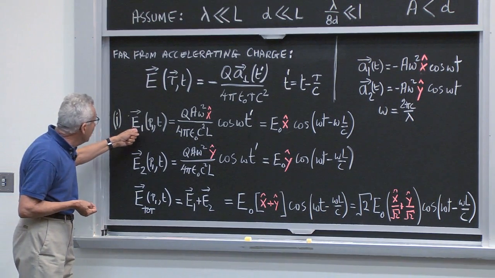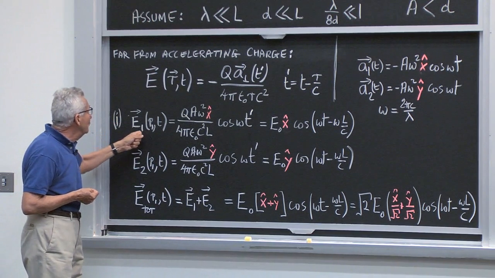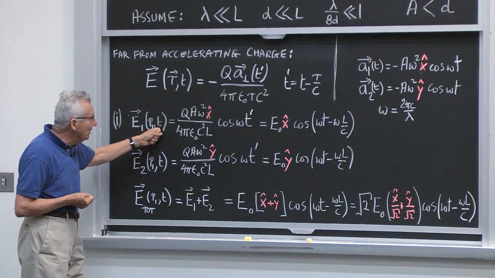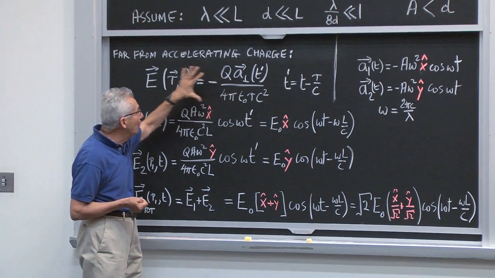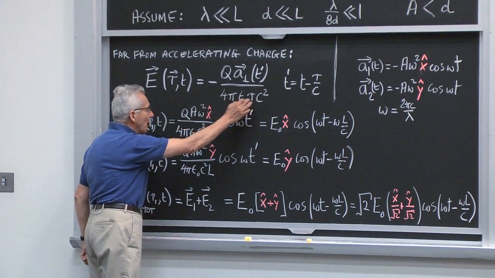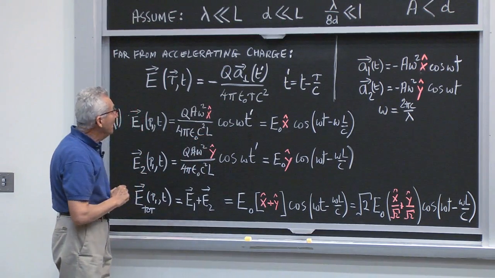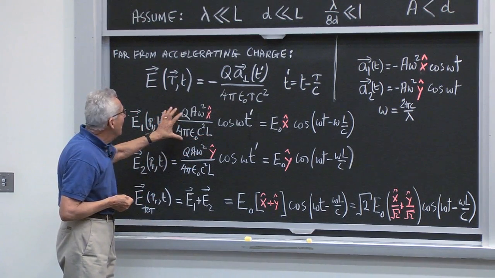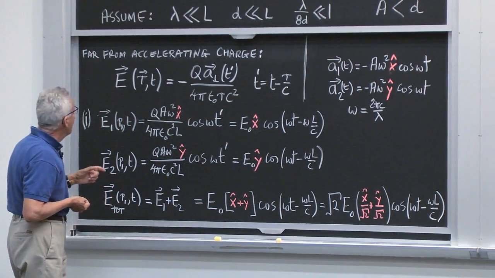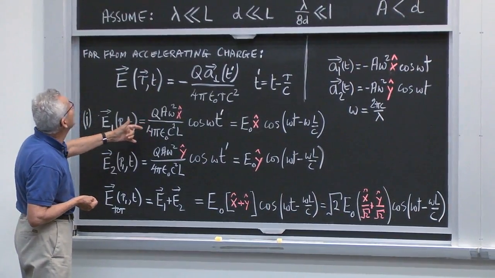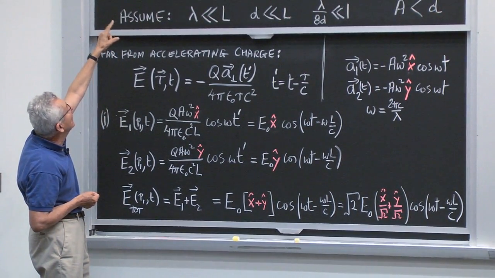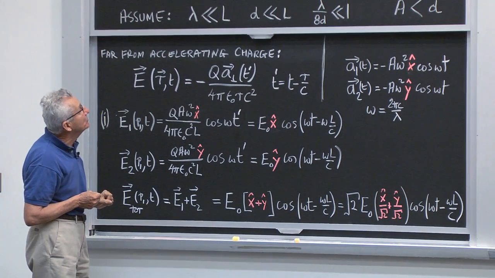So the electric field due to the first charge at position P1 at time t is given by this formula if I insert in this for the distance r, which is L, and I put in the acceleration of this one, and the perpendicular component of the acceleration perpendicular to the line joining my two charges and the position P1.